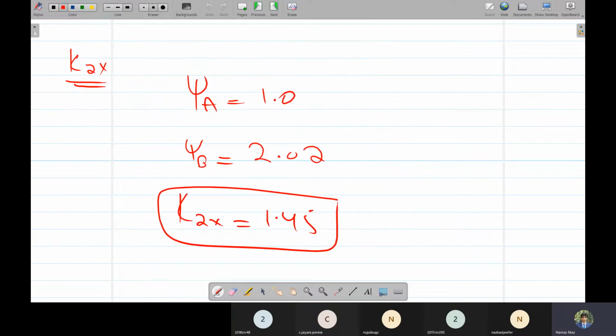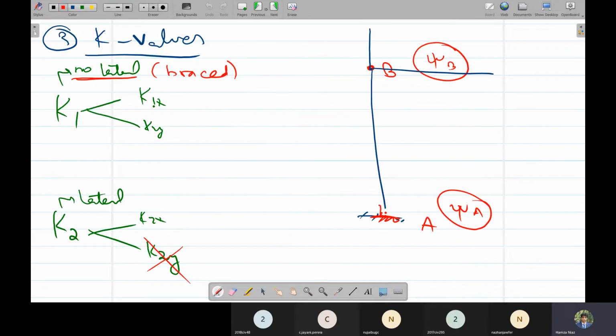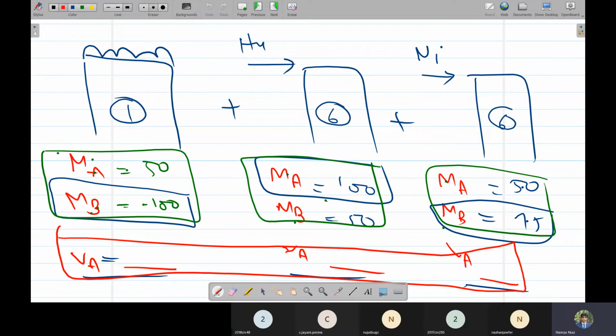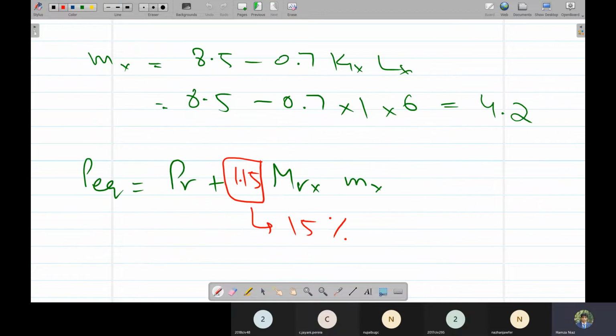This analysis we carried out was first order analysis, and we do not use any magnification factor there. Now we know that for second order the moment value would increase, so we'll assume almost 15% increase and multiply it by 1.15. This is how we can get P equivalent.